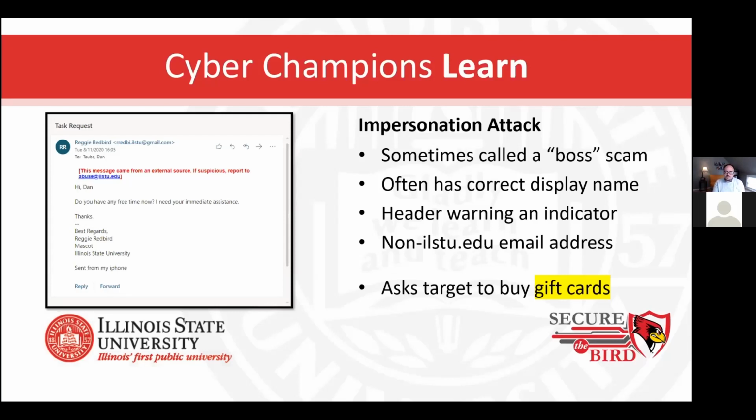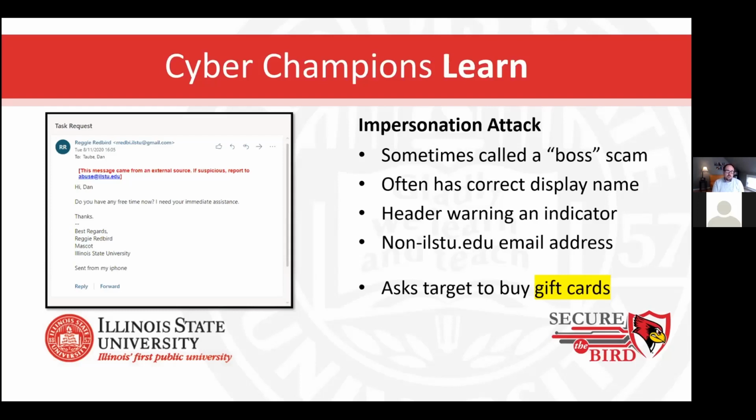They will take the simple approach of emailing people that actually work with them, colleagues, either report to them directly or might be in various groups. Sometimes they're referred to as boss scams because of that kind of hierarchical structure, but it can affect anyone. It could be where it's a professor's account being used to target students with the same kind of messaging and approach. It often has the correct display name.